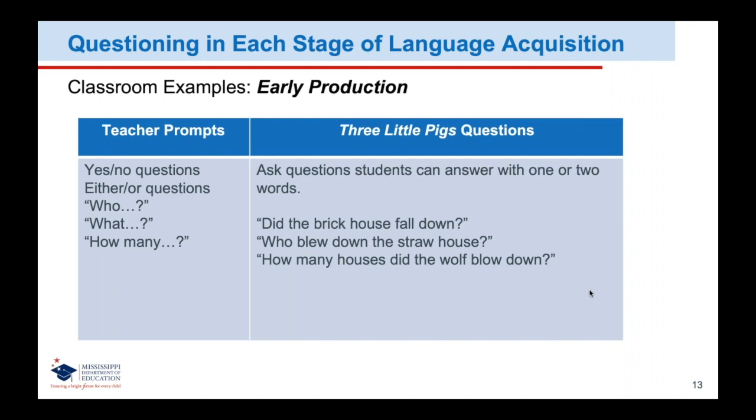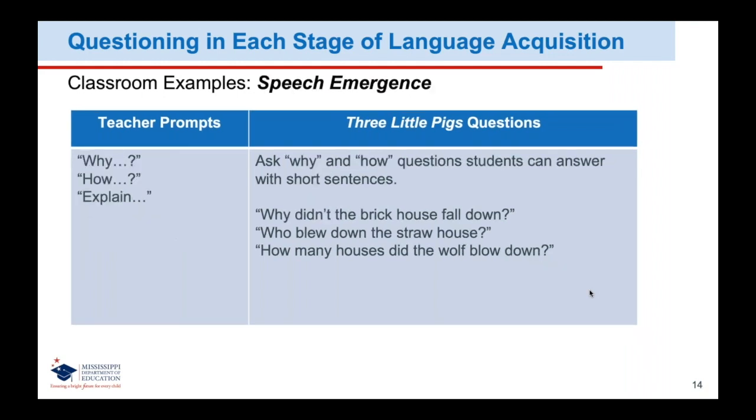So you see how we can ask questions that at this stage are still pushing them in their zone of proximal development to give us the information that they're able to give, but at the stage that they're able to give it, not pushing them to do something that would be out of their language range at this time.